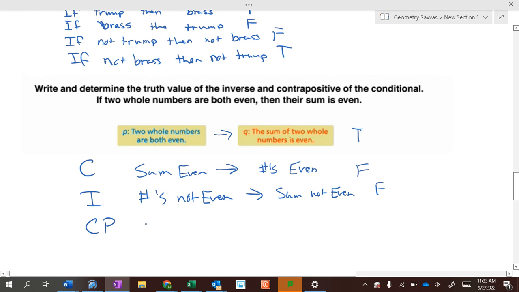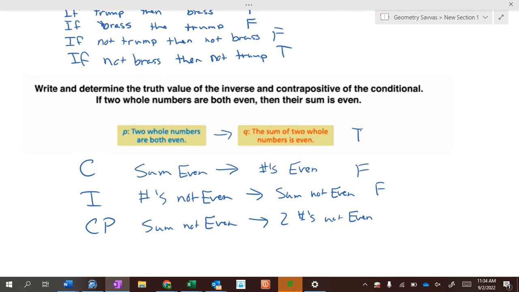Contrapositive. If the sum is not even, then two numbers not even. If the sum of two numbers is not even, so if the sum of two numbers is odd, then the two numbers are not even.